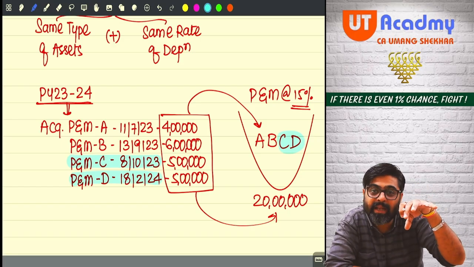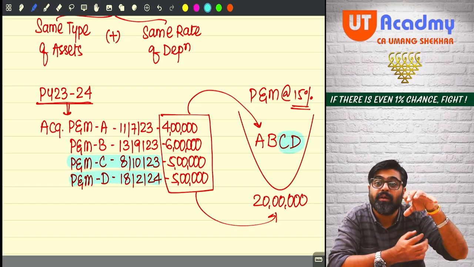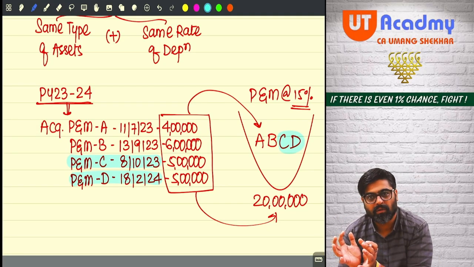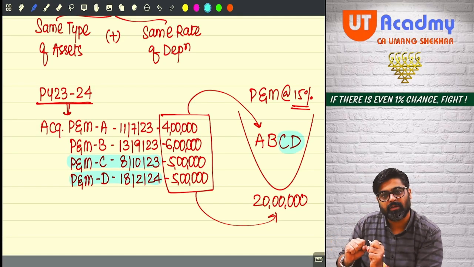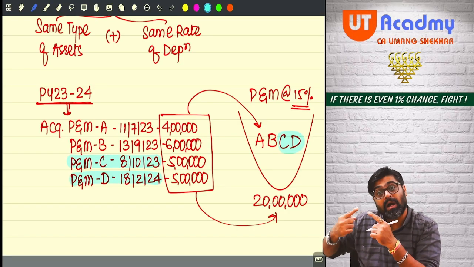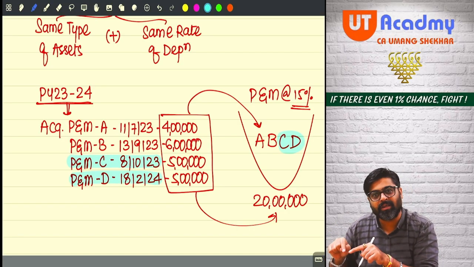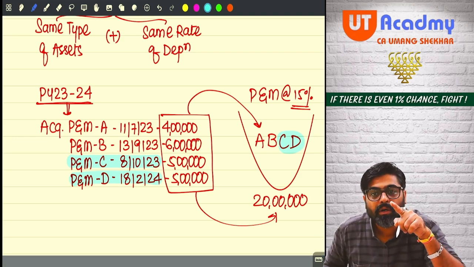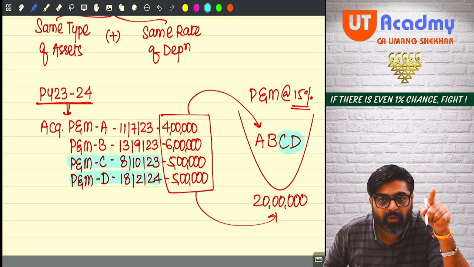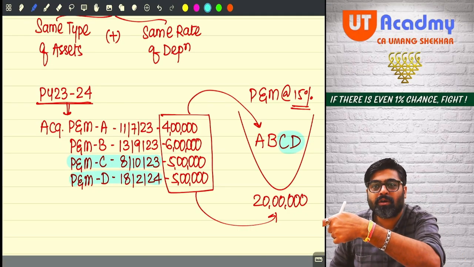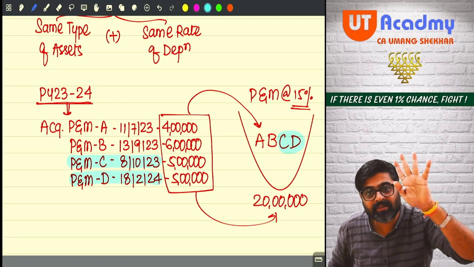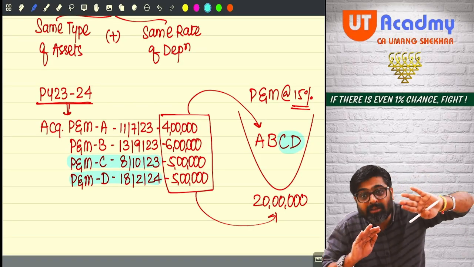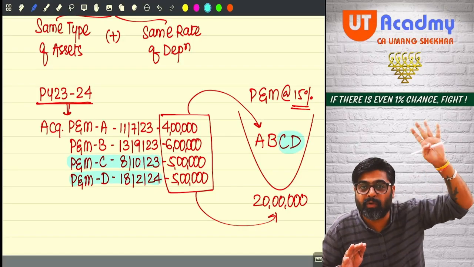So in my total assets in the block, there are certain assets which were acquired during this year but put to use for less than 180 days. On the value to the extent of that cost, full year depreciation will be there, but it will be at half rate. And on the balance value of the block, I can charge full rate.